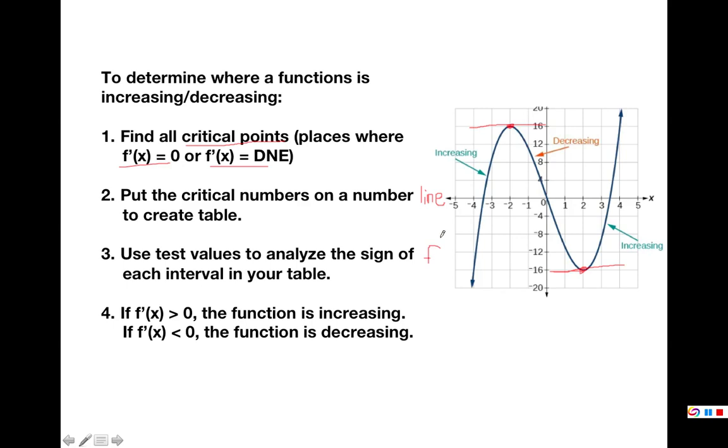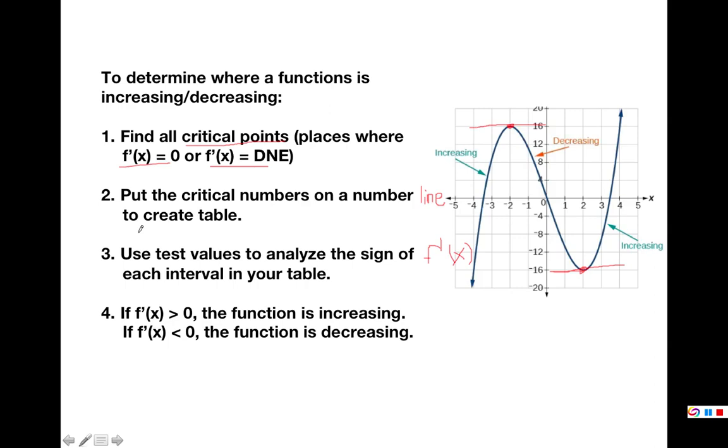Oh, I'm missing a lot on this slide. Sorry. That's what I get for trying to write all the steps out. All right, so we'll use test values to analyze the sign of our derivative in each interval. If that derivative is positive, the function is increasing. If the derivative is negative, the function is decreasing.